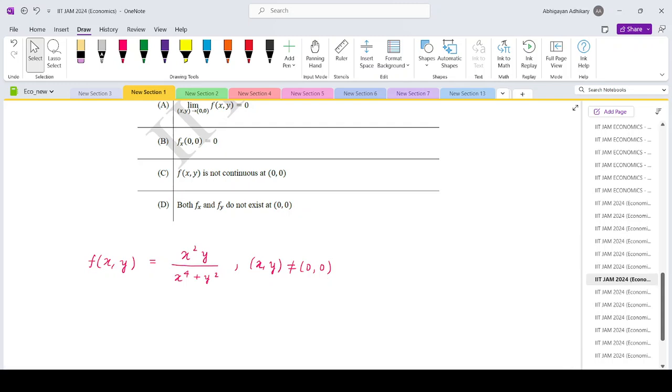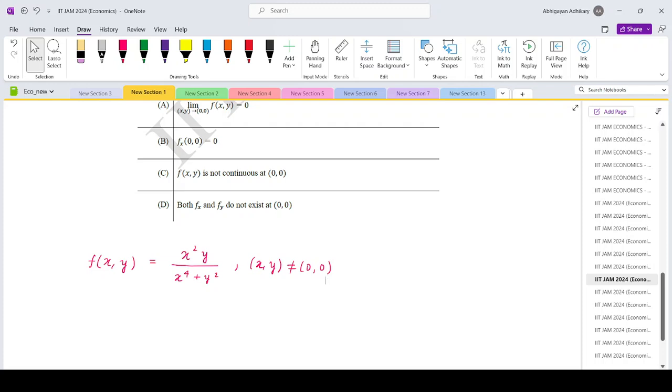Now if you recall, if we have to prove that the limit does not exist, then we can simply do that by choosing a path, like for example y equals mx or y equals mx squared, and if we see that the value of the limit is changing for different paths, then we will say that the limit does not exist.